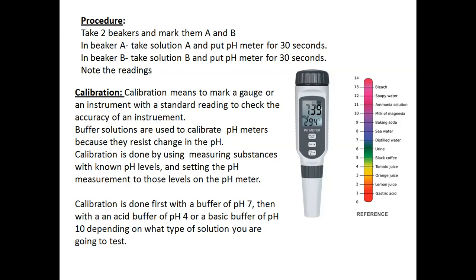Or if you want to check a basic solution, then you first calibrate your pH meter in a buffer solution of pH 10. After that, you are going to perform your test. So this is how calibration is done, and this is why we calibrate. This is really important.